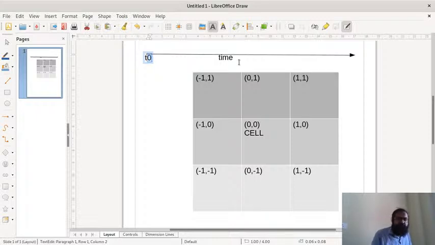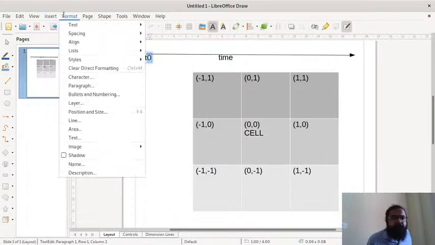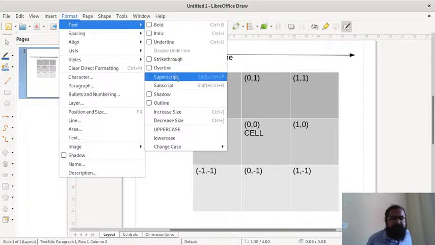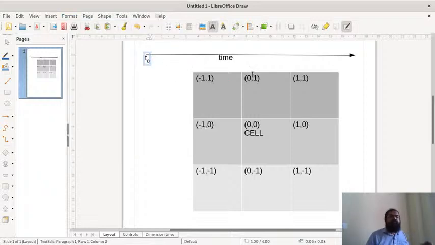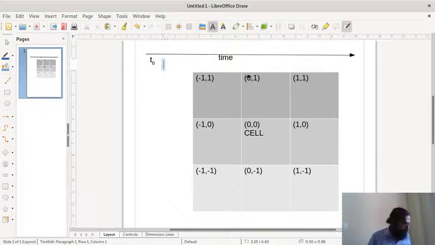Is it t0? Wait. No, format, text, subscript. Subscript is control shift B. Okay, so from t0 to, let's say, the next one could be t1.